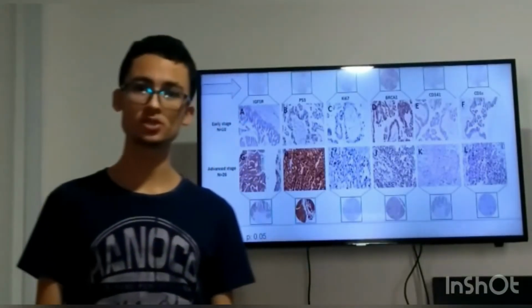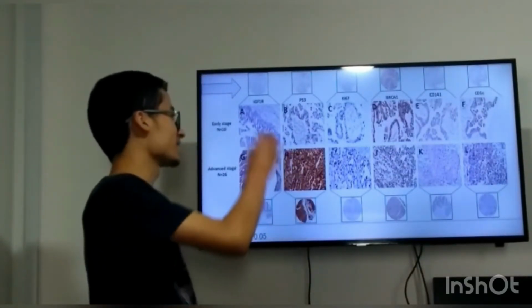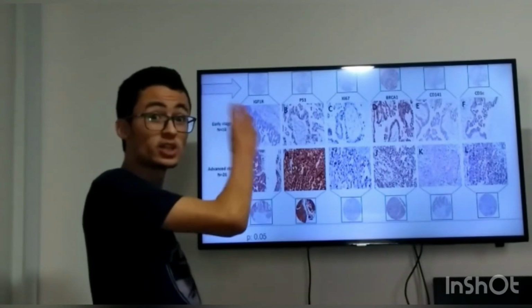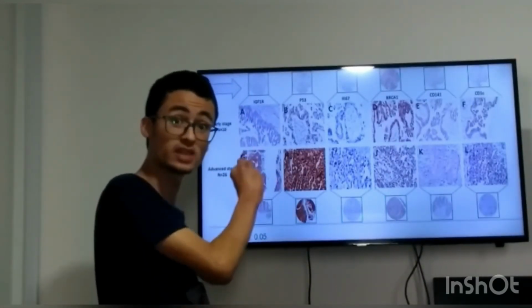Here we have the results of the immunohistochemistry. We have a comparison between samples of patients that had ovarian cancer in an early stage compared to some that had it in an advanced stage.